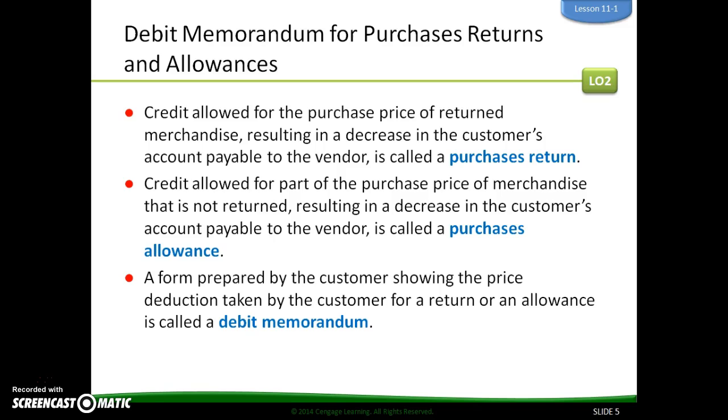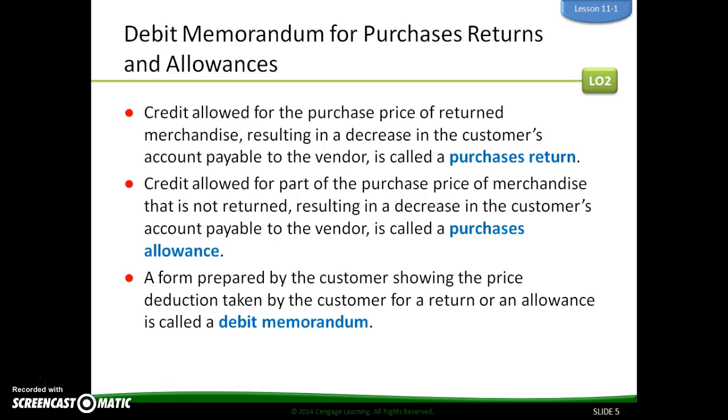So what we're looking at here is that sometimes a credit is allowed for the purchase price on returned merchandise, and that results in a decrease in the accounts payable to the vendor. So that's the purchases return. If the merchandise is not returned, but it's some kind of bad quality or damage in shipment, that would be a purchase allowance.